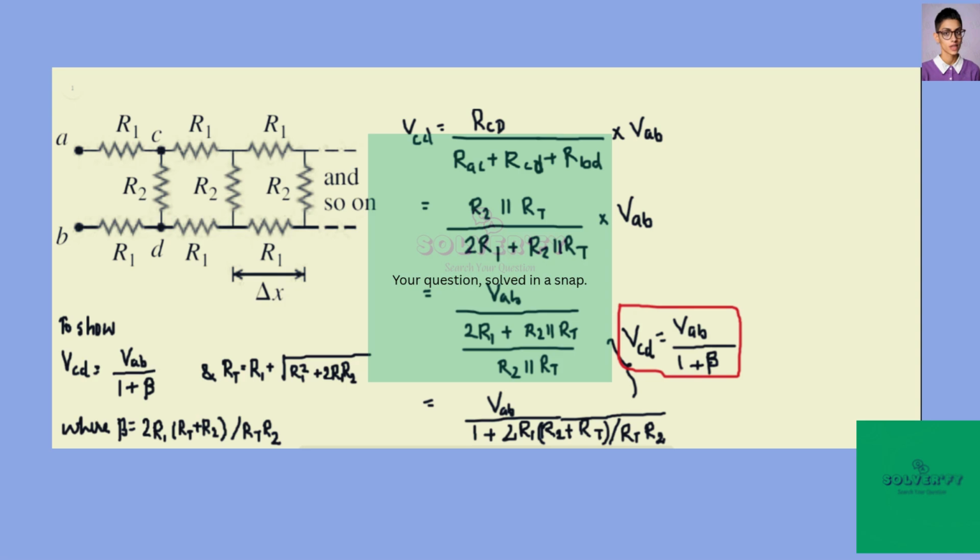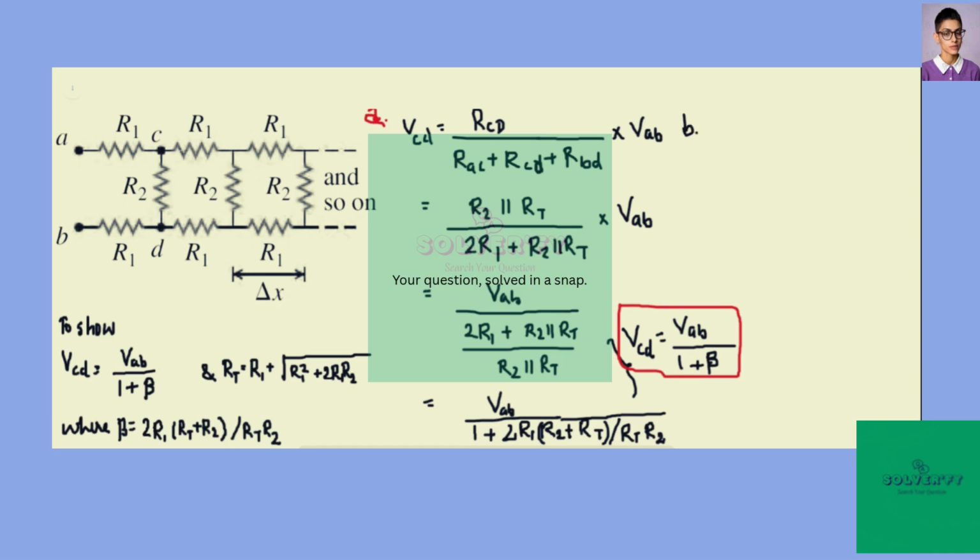This is part A of the question. Now in part B, what is required? It says that VAB equals V naught.